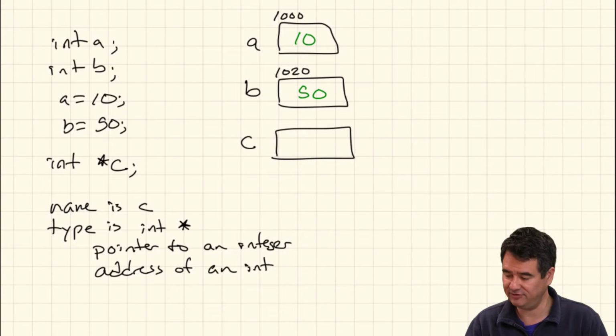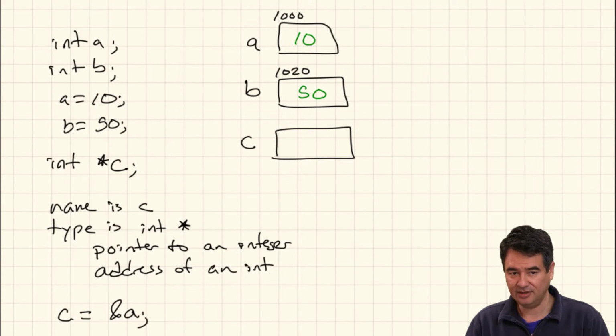The value that's going to be stored inside the box is going to be an address, one of the memory locations. So it's going to be something like 1000 or 1020 or one of the other memory locations we've been talking about. So the statement we're going to do is C equals ampersand A. And the ampersand here means get the address of, or get a pointer to A. So it's not going to be the value in the box.